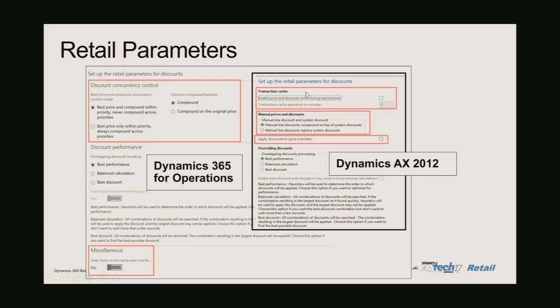The three are the transaction cache, the price override, and the manual discount compounding. I know two of those are right now in the process of being forward ported to Dynamics 365, but they're not there today. This site over here is 365, and they're not there yet.